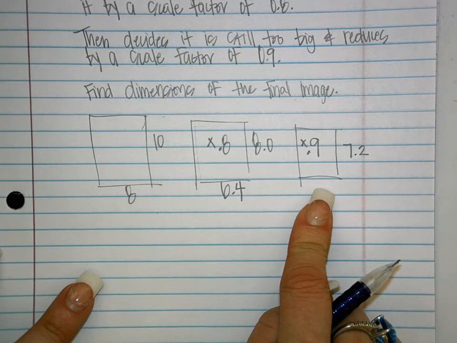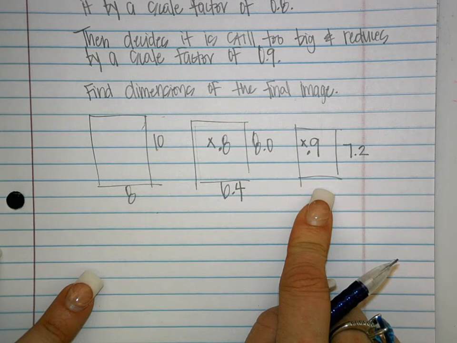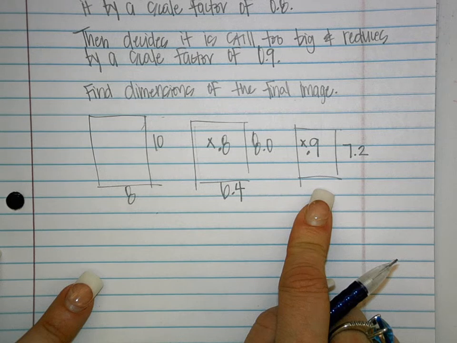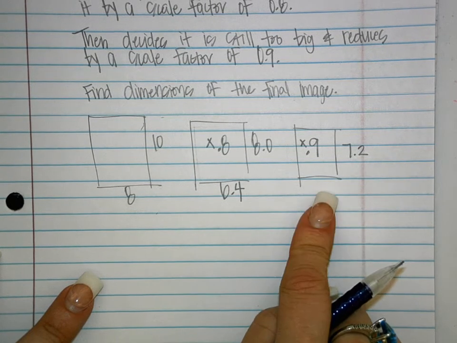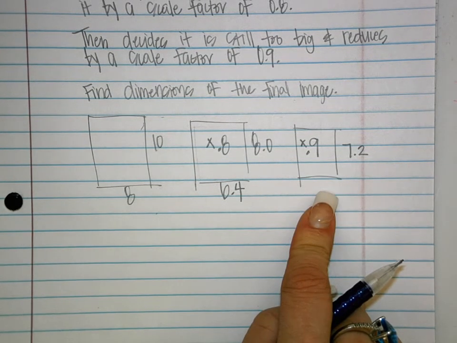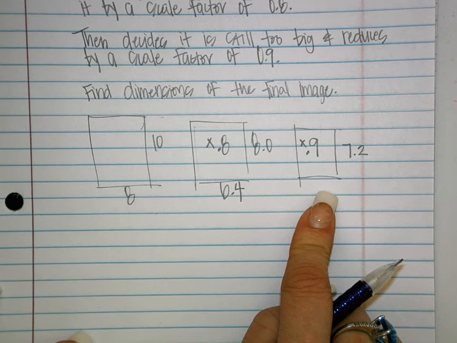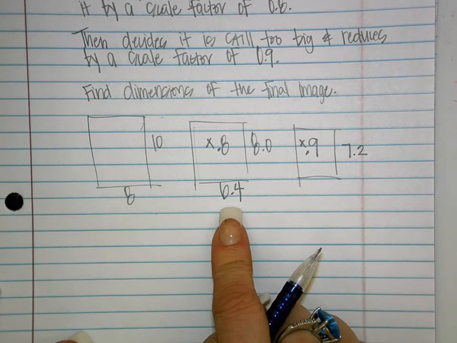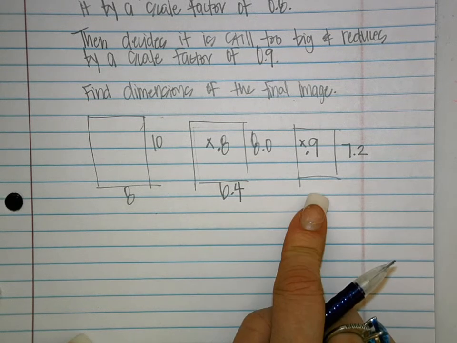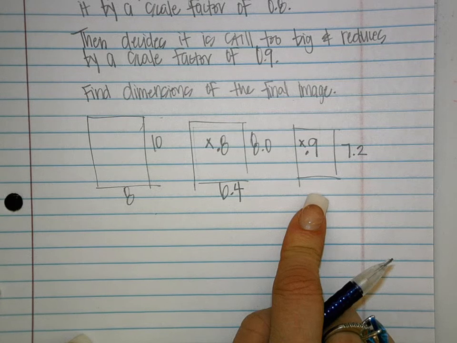Work it out on your paper if you need to. 6.4 times 0.9. Not exactly. Okay, 6.4, so it's not going to get bigger, it's going to get smaller. 6.4 times 0.9. You guys can do the multiplication.